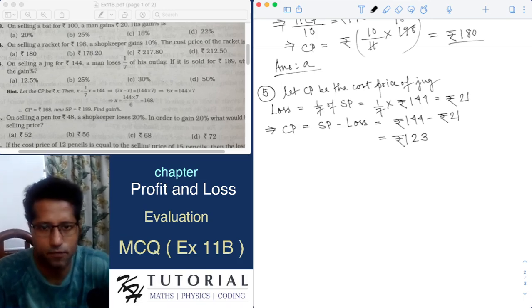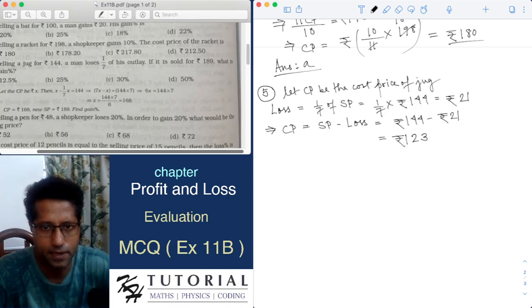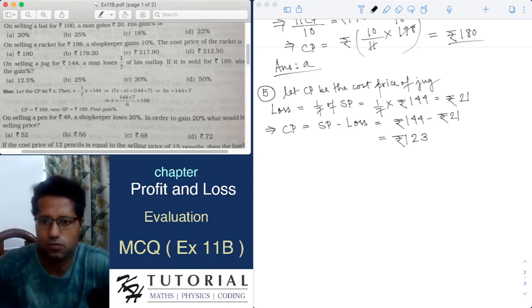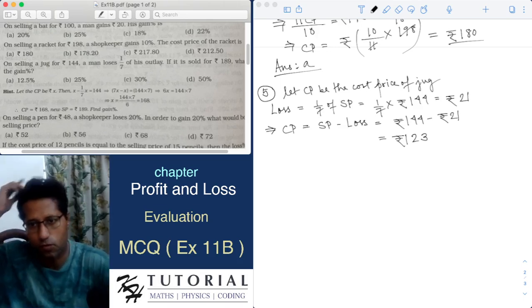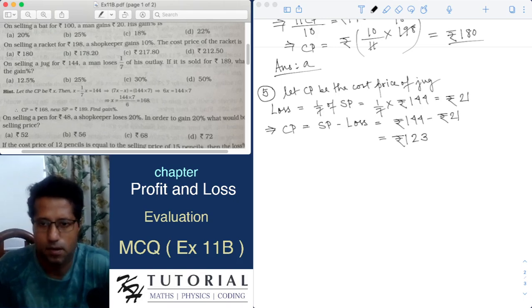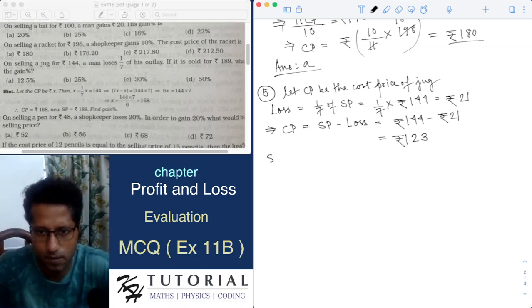Now it is asking if it is sold for rupees 189, what is the gain? So we consider the earlier selling price to be the one where it was sold for rupees 144. Now if it is sold for rupees 189, let this SP dash be 189. The cost price we know is 123.